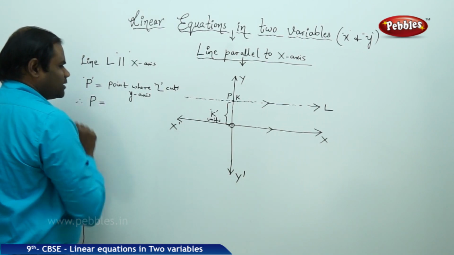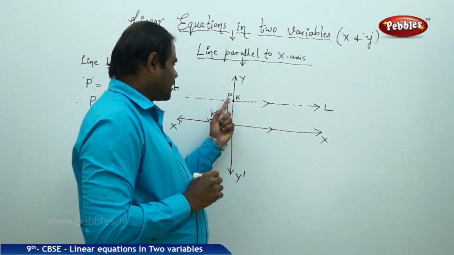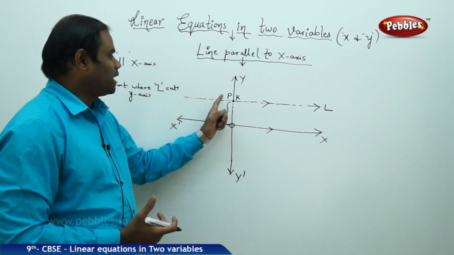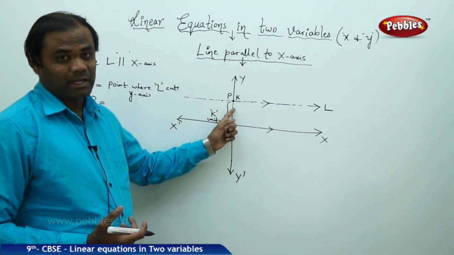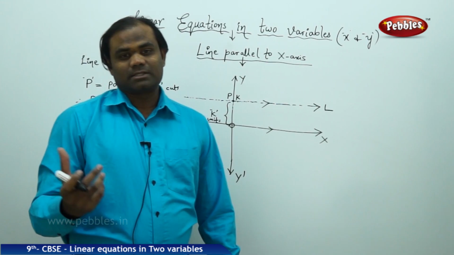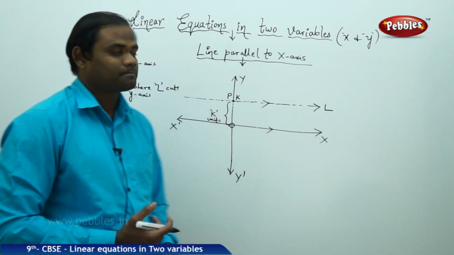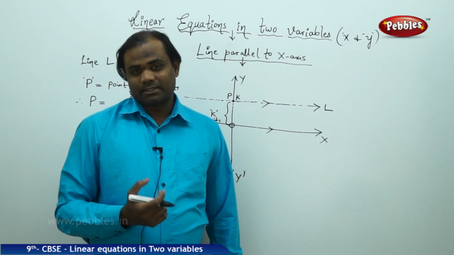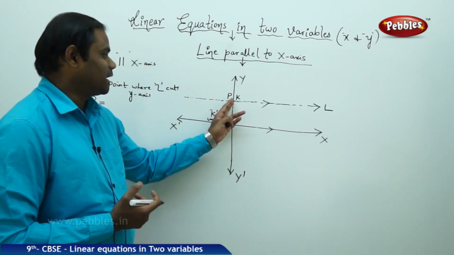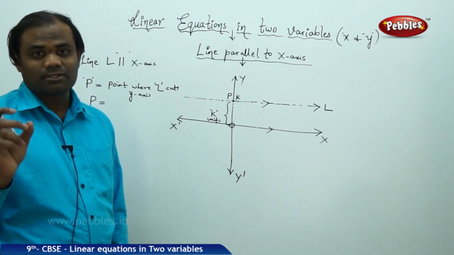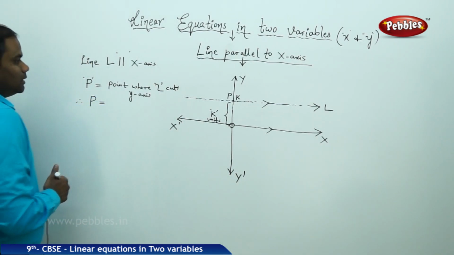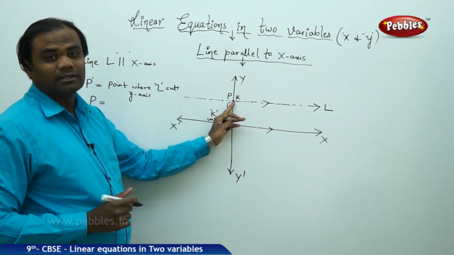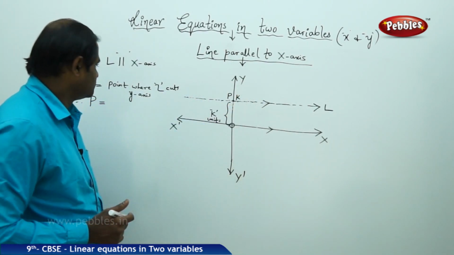Therefore, because it cuts the y-axis, P must be the y-intercept. If a line cuts the x-axis, then that point will be the x-intercept. If the line cuts the y-axis, then that point of intersection is called the y-intercept. So P is the point where the line L cuts the y-axis, as clearly seen in the diagram.